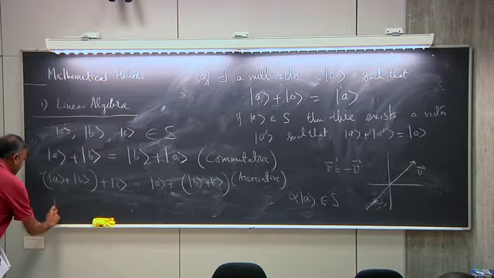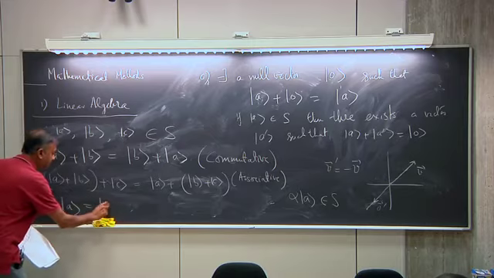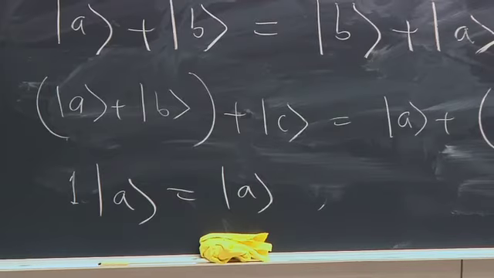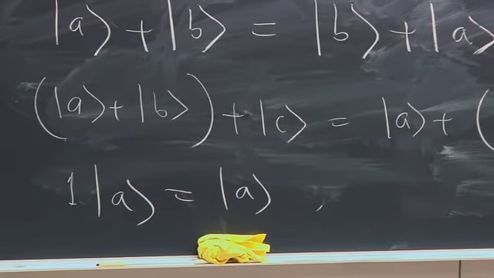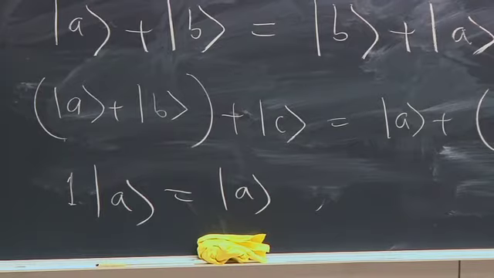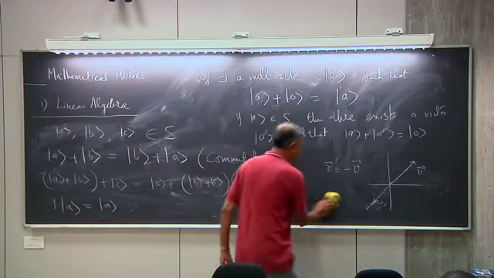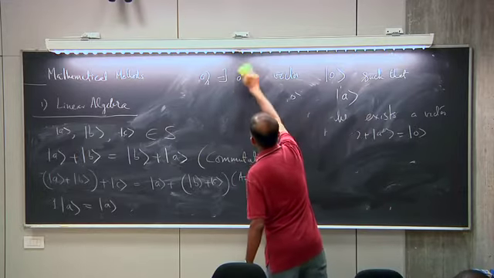So 1 times A is again A. Multiplying a vector by 1, you're not changing anything. Its length is the same as the original length, and the direction is the same. So this is as far as the multiplication is concerned. But now we have to specify a little bit more about the multiplication rules.